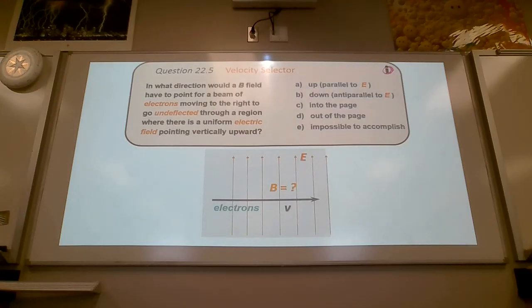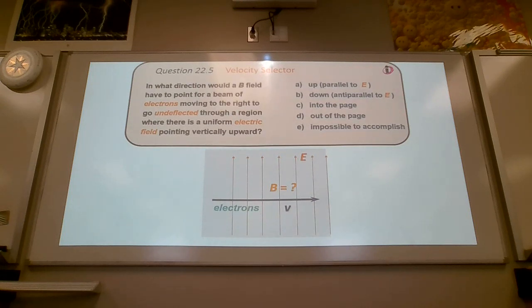I want the magnetic force to go which way? I want the magnetic force to go down, the opposite of the electric force. The electric force is going up, if this is positively charged. So the electric field is going to push the electron down. Sorry, I didn't read the question; it's electrons.